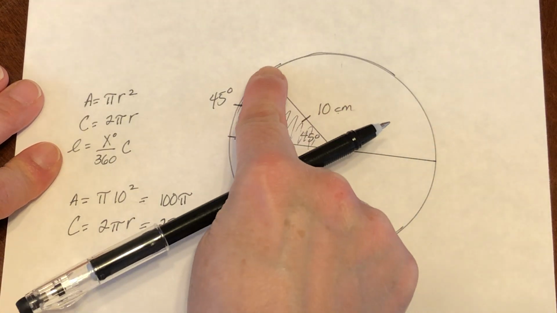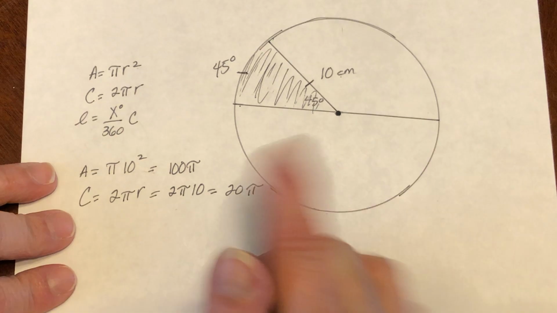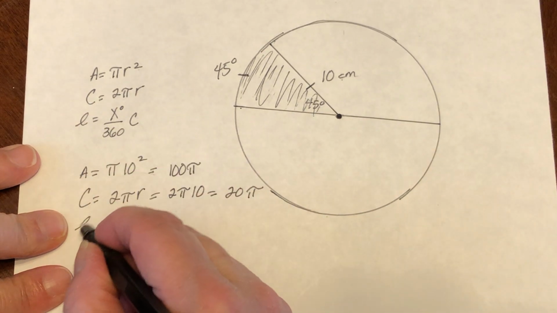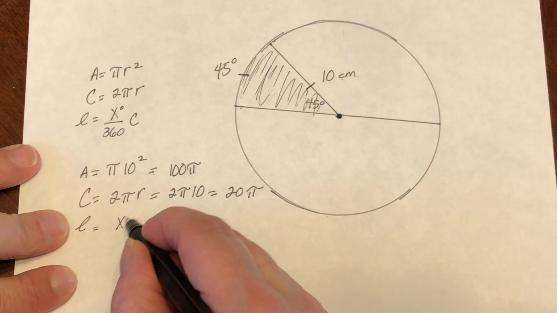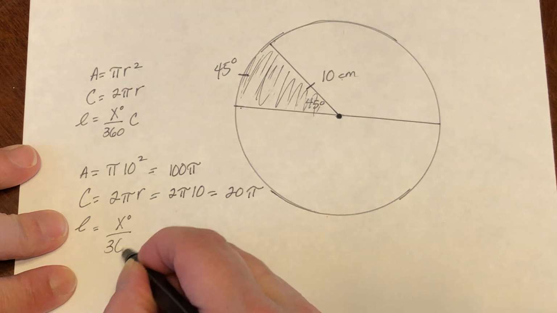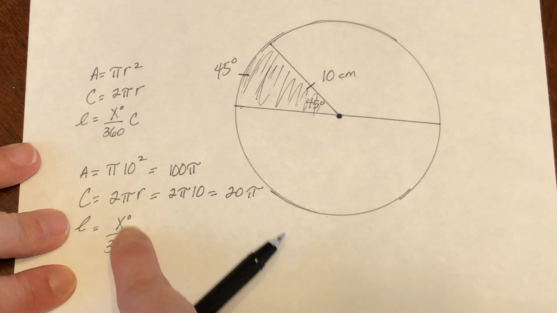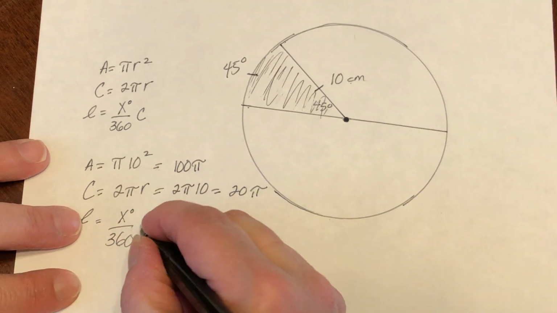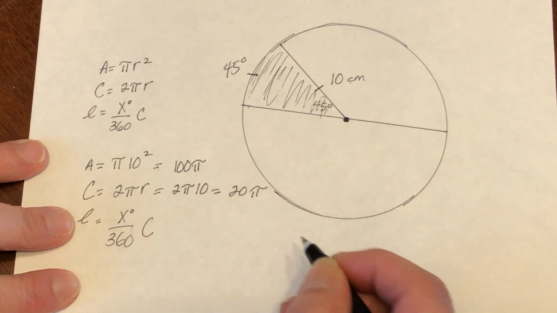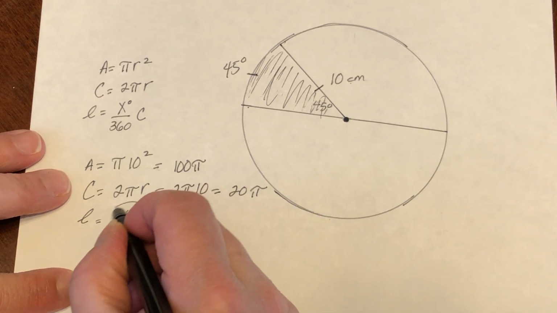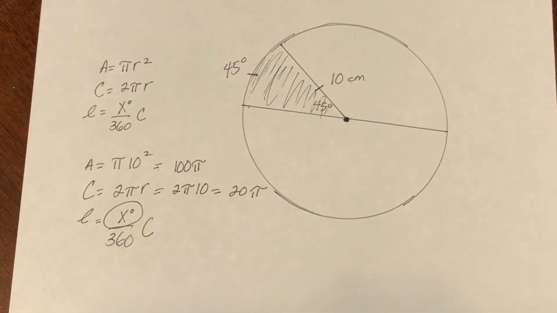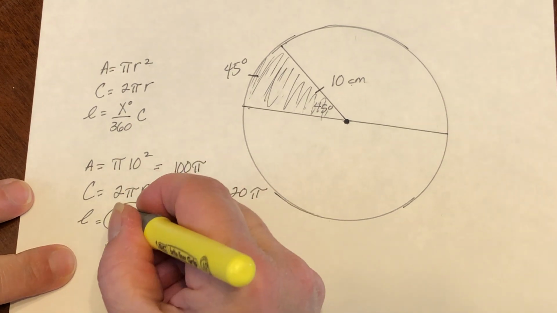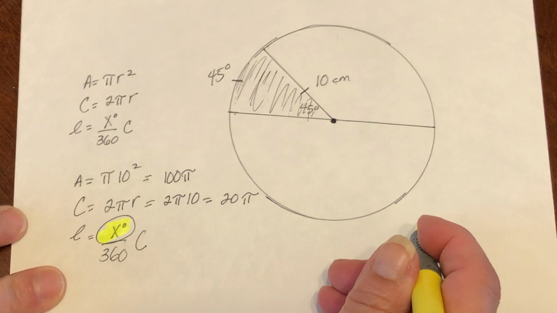This arc length, or L, right here they name it L for arc length. I need what degree of the arc do I have over the whole circle? So this is like, what part of the circle am I talking about? And multiply it by the circumference. Well, let me get my highlighter. Hold on here. This right here, that's in degrees, right?